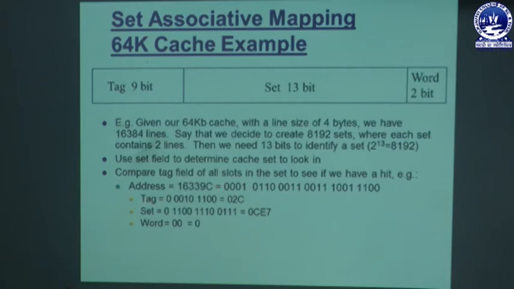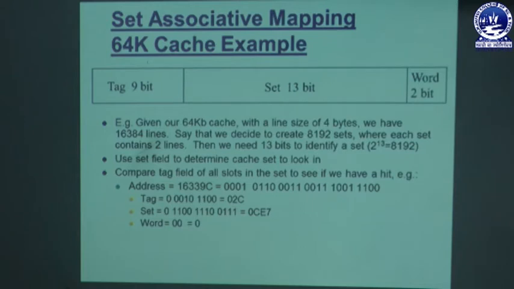Then the tag field is the first 9 bits. So this much is our 9 bits. So the tag value is 0C. It is in hexadecimal format as you can see here. And the set value is 0CE7. So it is the next 13 bits after the tag, and the last 2 bits are 0.